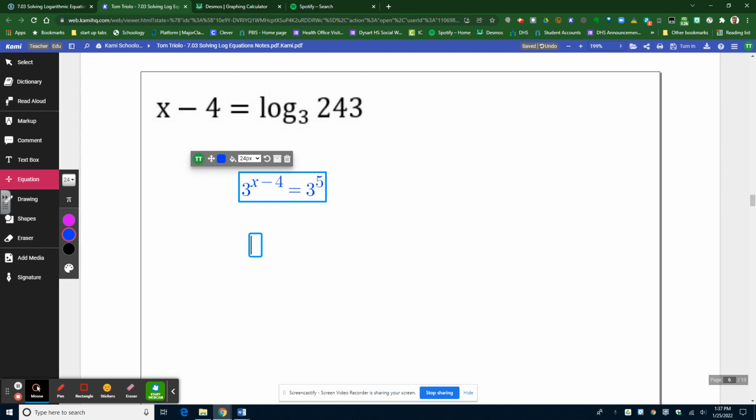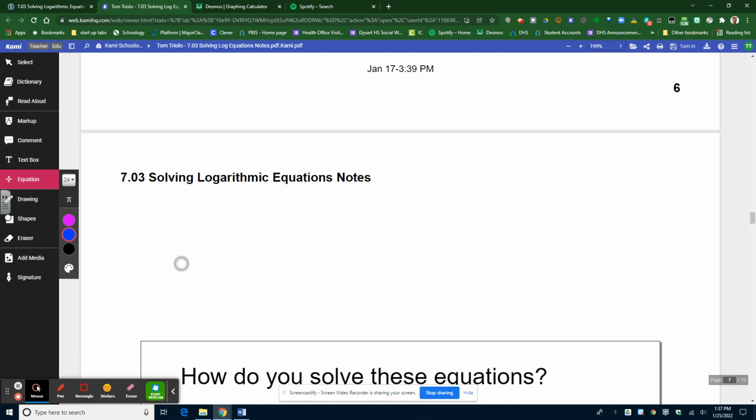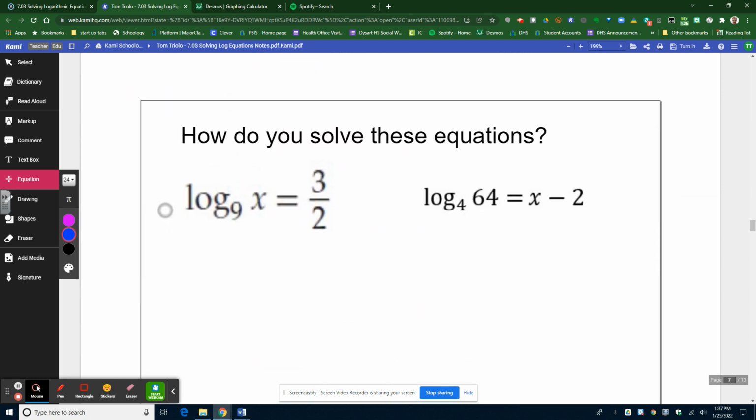And then x minus 4 equals 5 because our bases are the same. And that means x equals 9. And if I plug in 9 minus 4, I get 5. What power do I take 3 to get 243? We just did it, 5. Okay. So again, I don't need to see a formal check unless you see it on the test, but make sure you at least walk through it. All right, try those two.